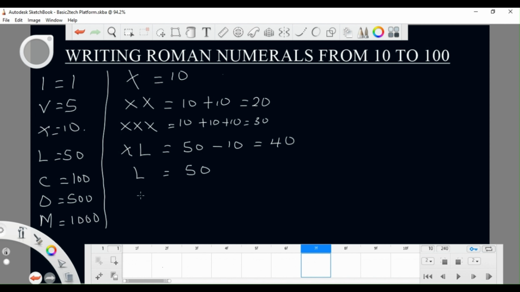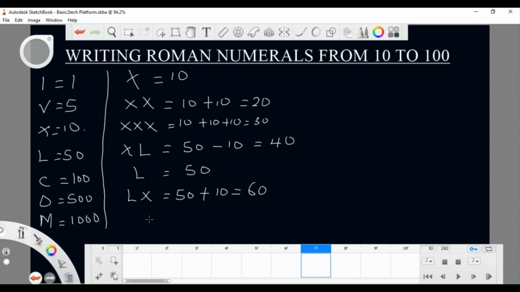To get my 60, what I do now is to add 10 to 50. This time, the small symbol has to come after the large symbol. So it's L, which is 50, plus X, which is 10. That gives us 60.